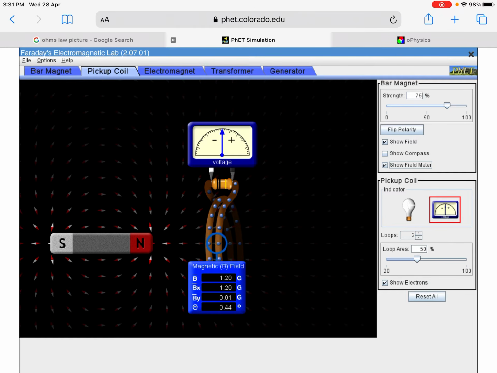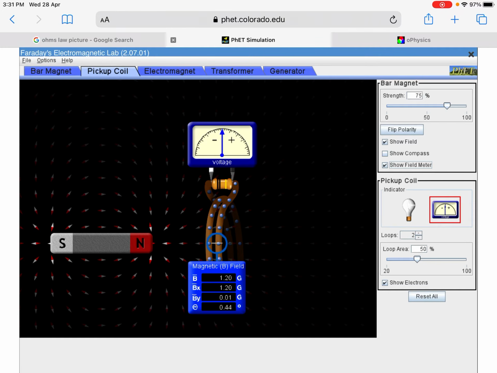Just look at the first line, 1.20. At this coil of wire, it experiences a fair bit of magnetic field, about 1.2 Gauss. But how come it does not have an induced EMF? Because there is no change in the magnetic field strength.